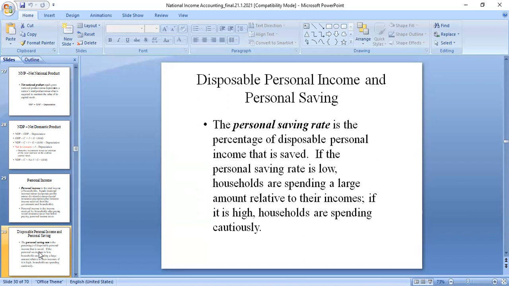That is the personal savings rate. Are we together? Of course, if the personal savings rate is low, it means the households are overspending. And if you don't overspend, definitely your personal savings rate will be high.